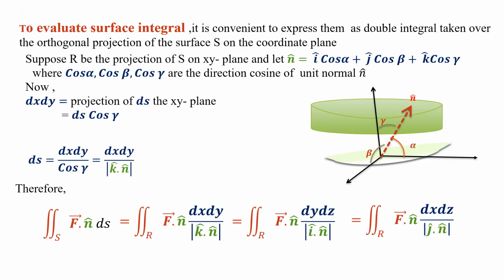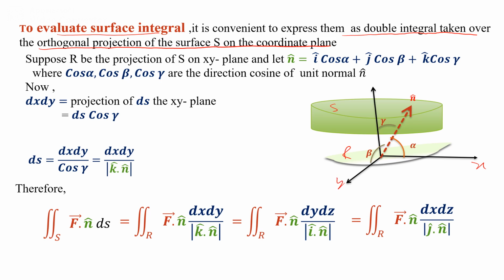So, to evaluate the surface integral, it is convenient to express it as a double integral taken over the orthogonal projection of the surface on a coordinate plane. Suppose this is surface S and this is the projection R on the xy plane.